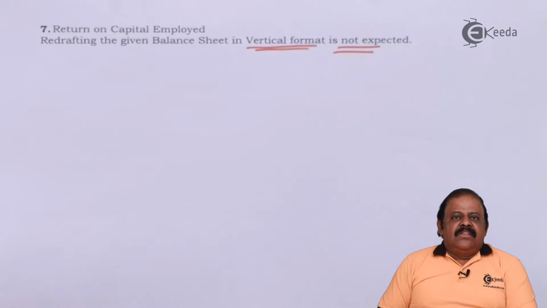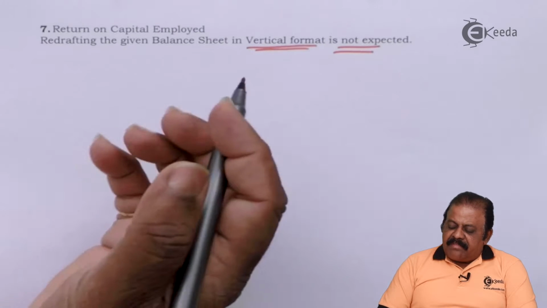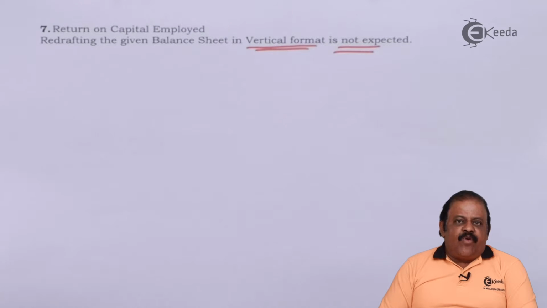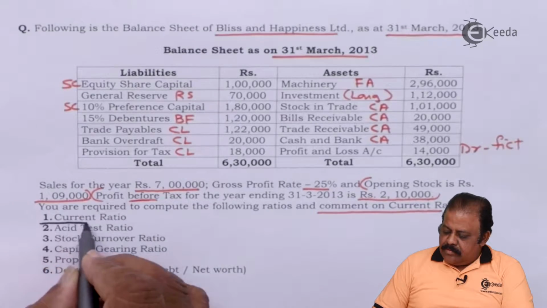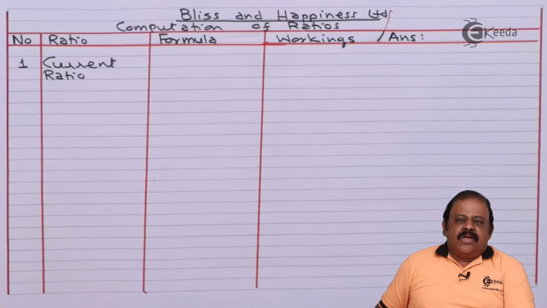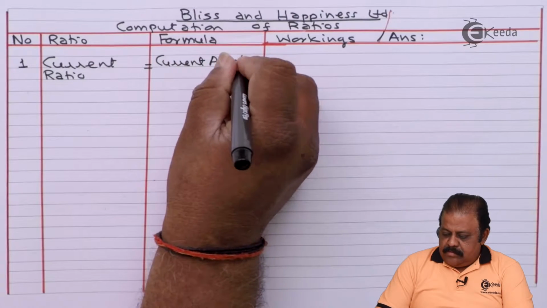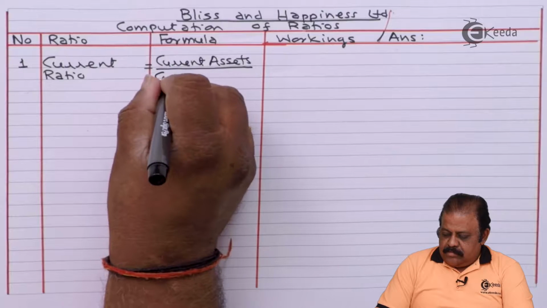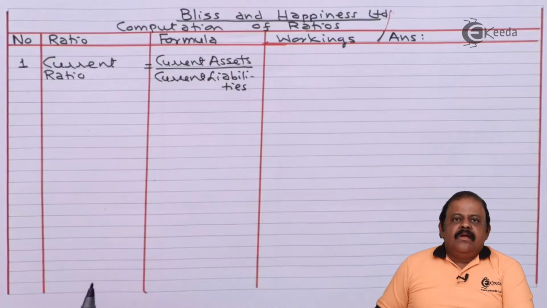As it is clearly given in the question that the vertical balance sheet need not be prepared, we are not required to draft the same balance sheet in vertical format. Let us continue and calculate the various ratios. First we have current ratio. Formula for current ratio is current assets divided by current liabilities.